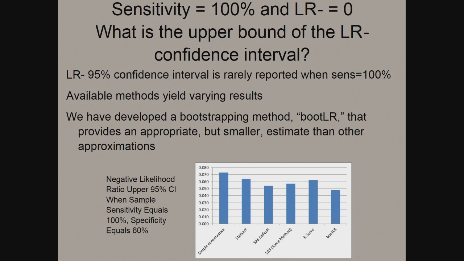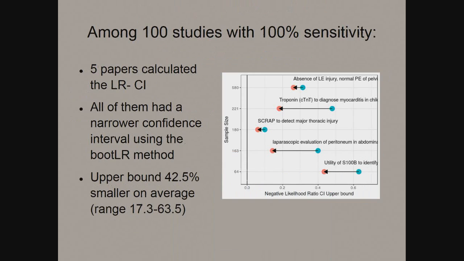So then the next question is, using this method that Keith and I created, can you calculate confidence intervals around it, right? It turns out if it's 100% sensitive, your negative likelihood ratio will be 0. That's just the basic math of it. And then how high up does the rest of the confidence interval extend? So of these 100 studies, there were 6 that calculated confidence intervals around their likelihood ratios.